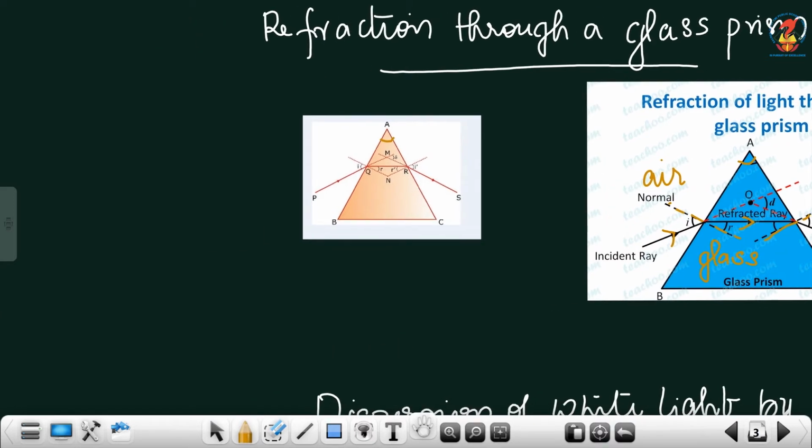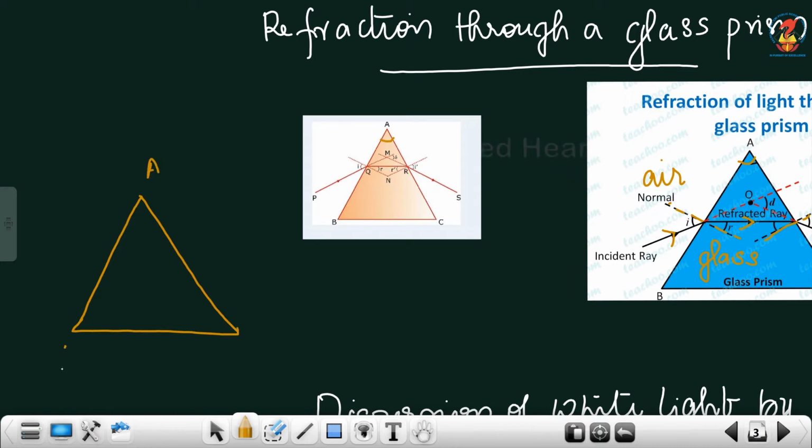This is actually an experiment to do. First, you have to draw the triangular prism. Name it A, B, C. This is the incident ray.